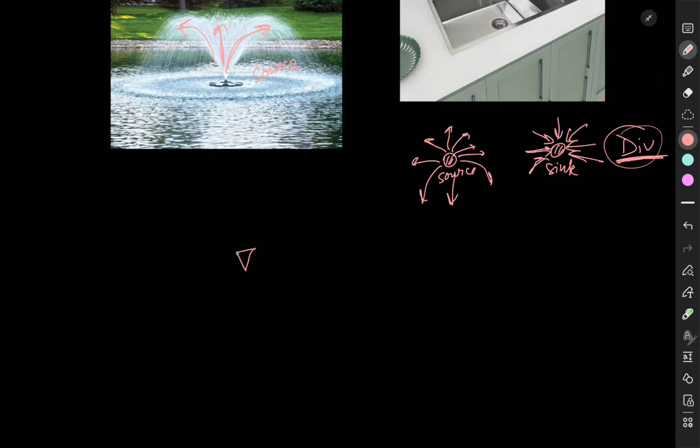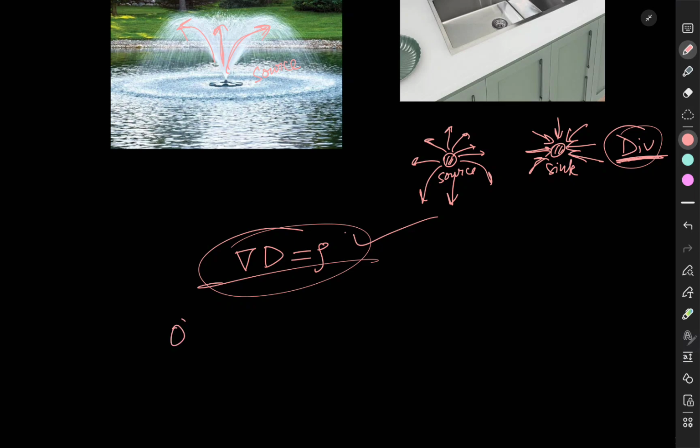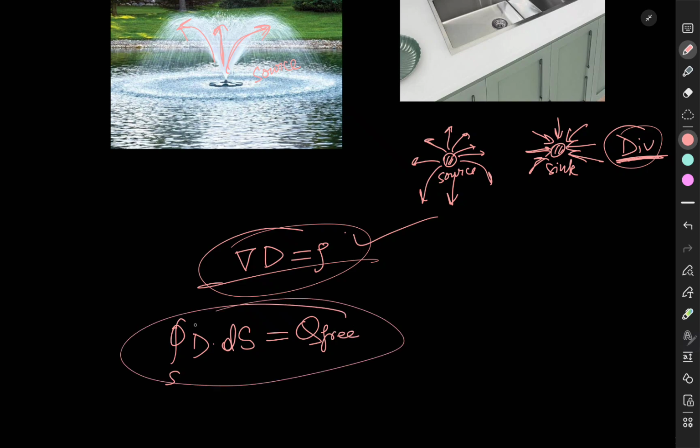Now, another way to write this equation is like this. How do we derive this equation? Above we studied that the surface integral of D is equivalent to q free, whereas in the case of electric field it is something like this.